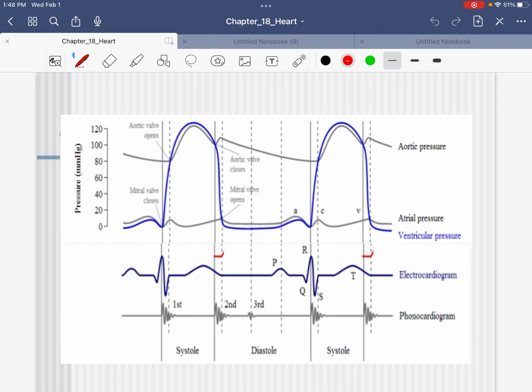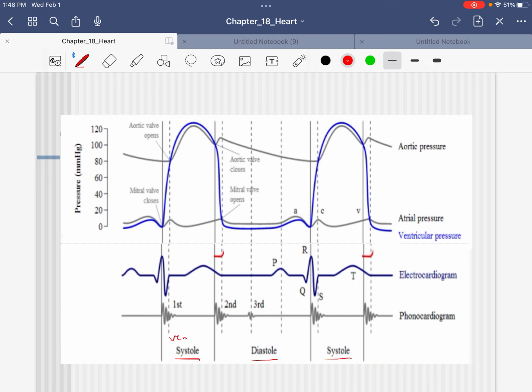Okay, so we are going to focus on, I had to think for a second here. We're going to start with systole. And these things down here, folks, are referring to the ventricles.